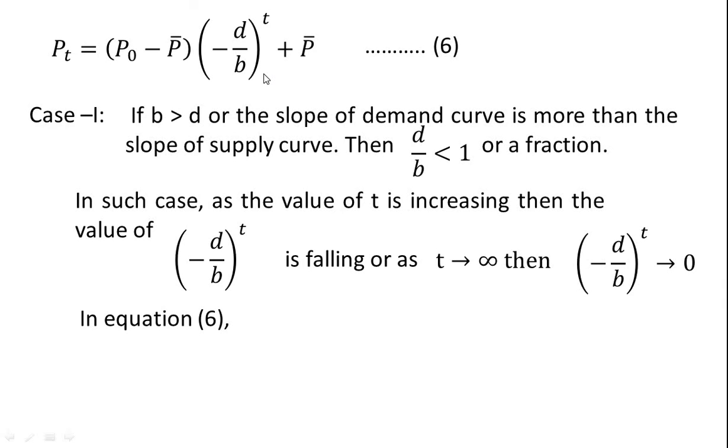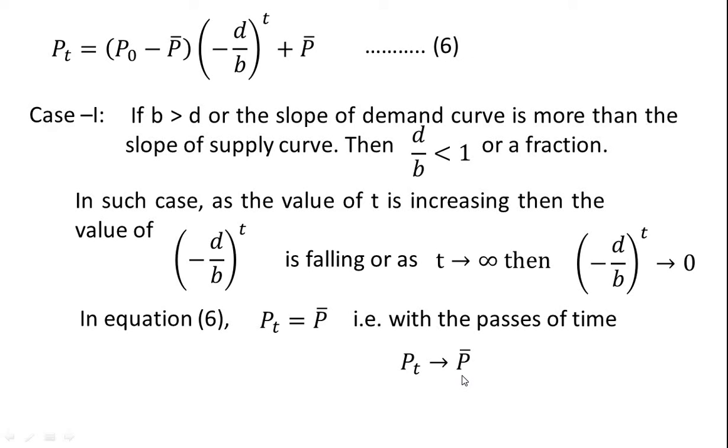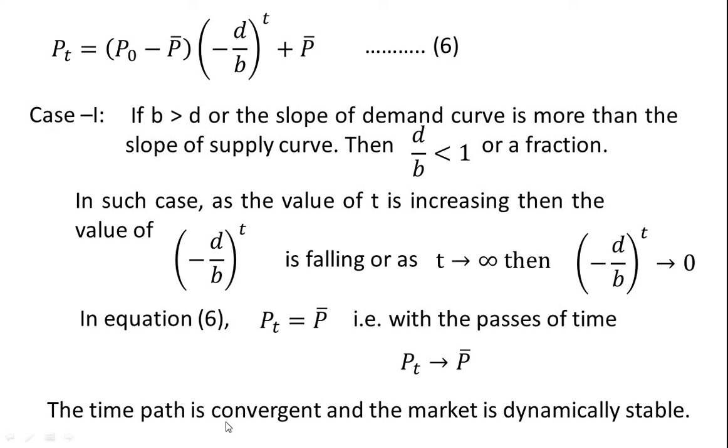If minus d by b whole to the power t becomes 0, then in equation 6 Pt will be equal to P bar, that is, with the passage of time Pt tends to P bar. In such case, the time path is convergent and the market is dynamically stable.